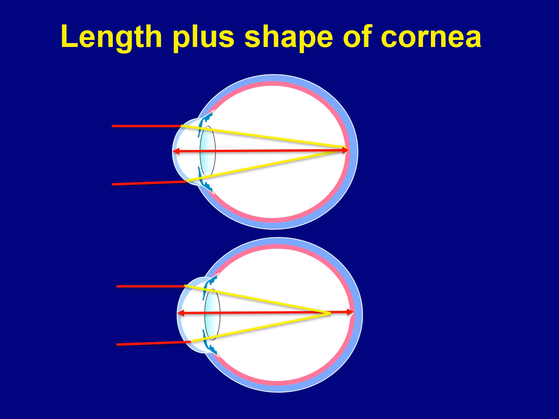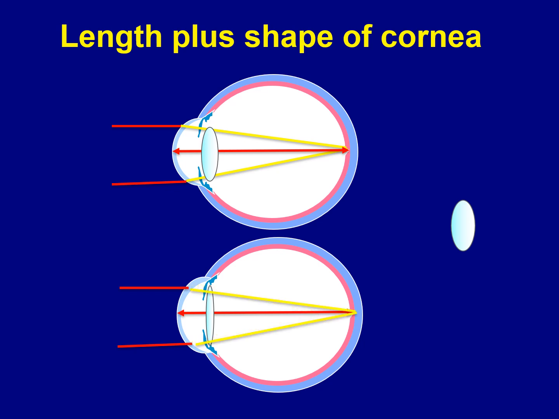In the top eye, the shape of the cornea is normal and the light is focused onto the macula. In the second one, the shape of the cornea is slightly flatter, so the light is focused behind the macula. So for the second eye, you need a smaller lens or a lesser diopter lens to focus the light onto the macula.